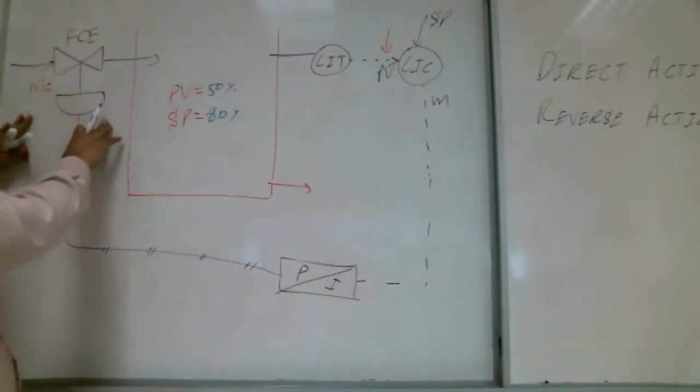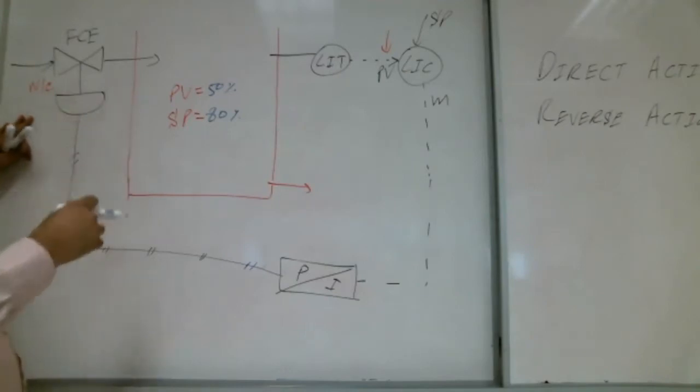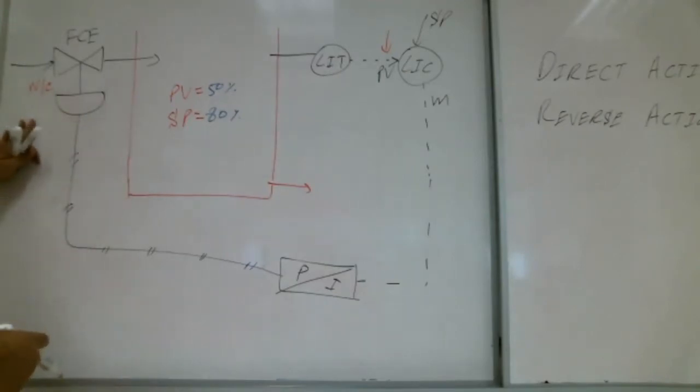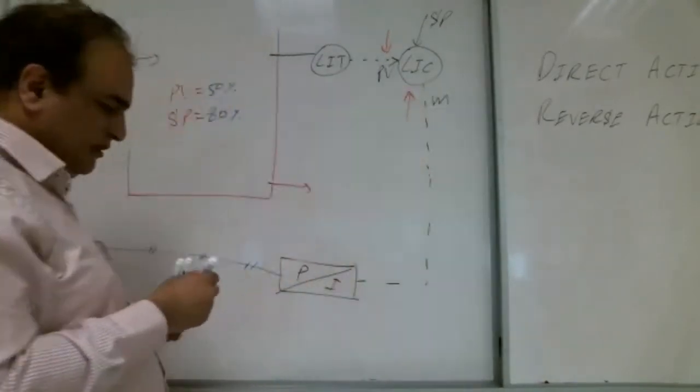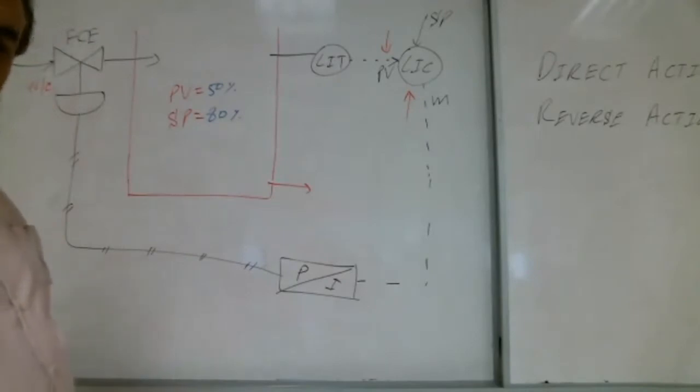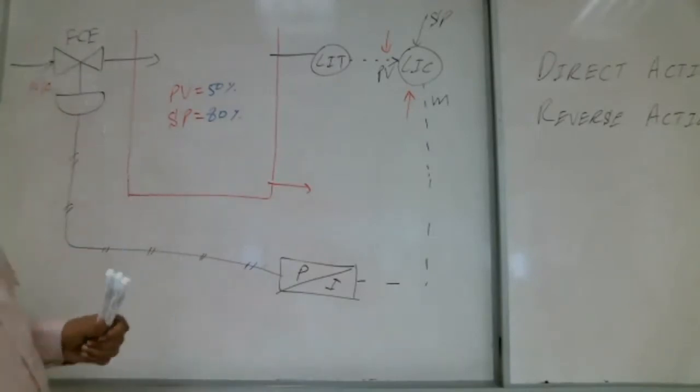But what we want is for it to be open. So do we want to increase the signal or decrease the signal? Of course, increase the signal. Very good. So we want to increase the signal so this valve gets more open.